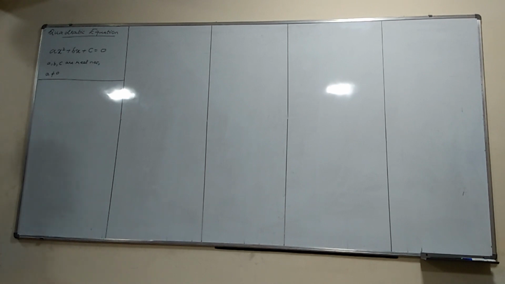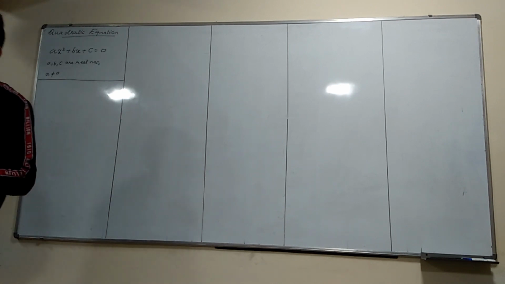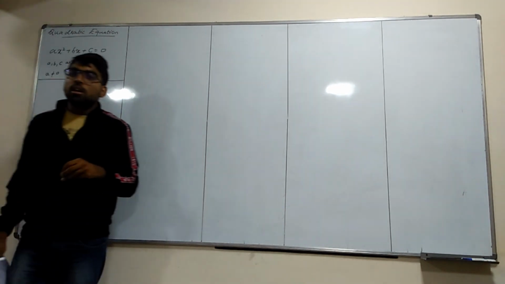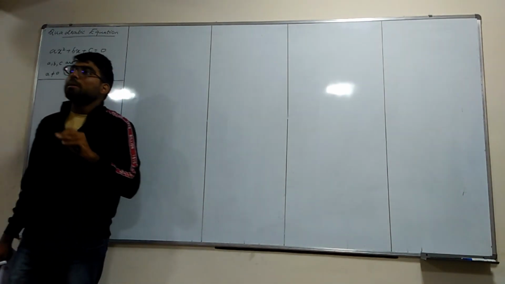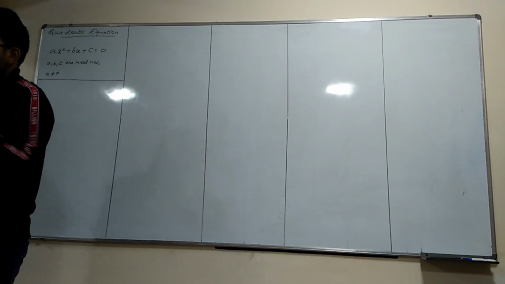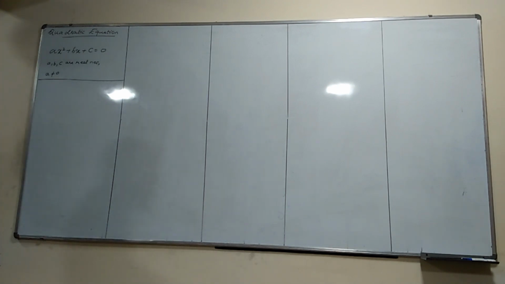This quadratic equation chapter, we can divide majorly into 5 units. You people are lucky enough, 2 units are removed, only 3 units are there for your exam. What are those 3 units? The first unit tells us how to frame a quadratic equation.